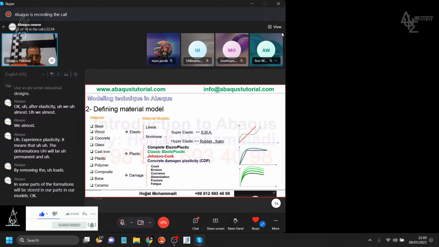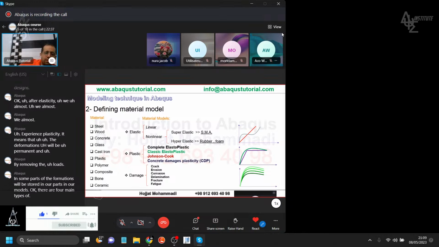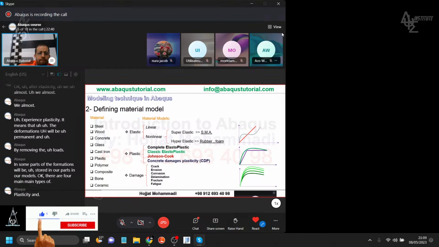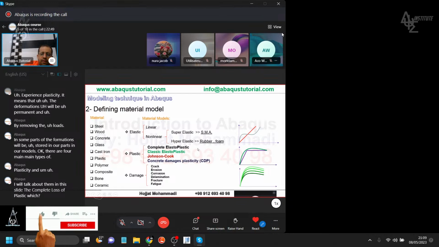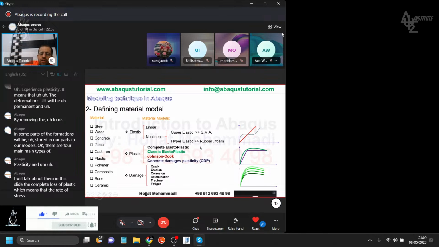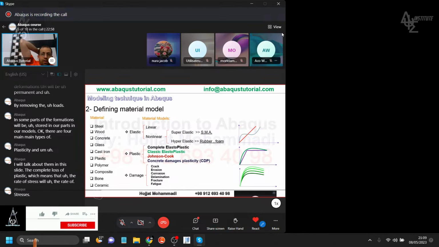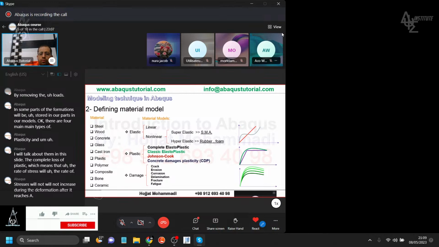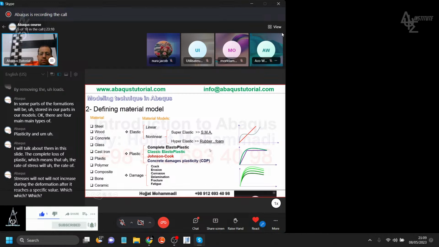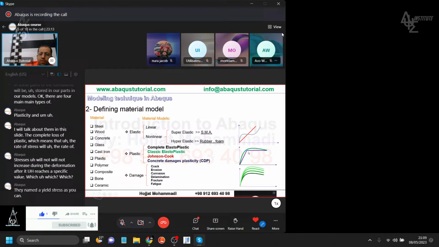There are four main types of plasticity, and I will talk about them in this slide. The complete elastoplastic means that the stress will not increase during the deformation after it reaches a specific value named yield stress, as you can see in the purple diagram in this photo.